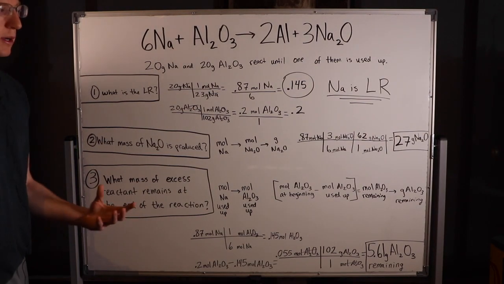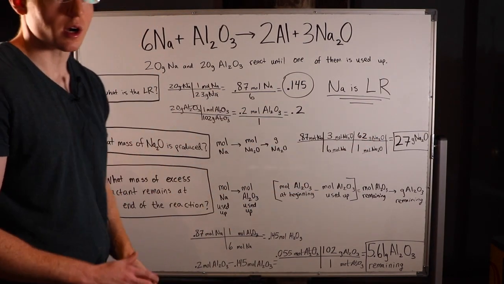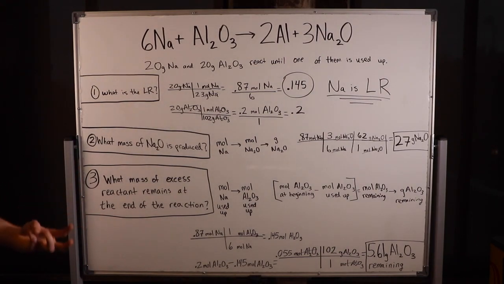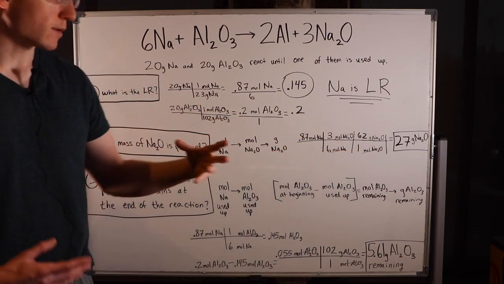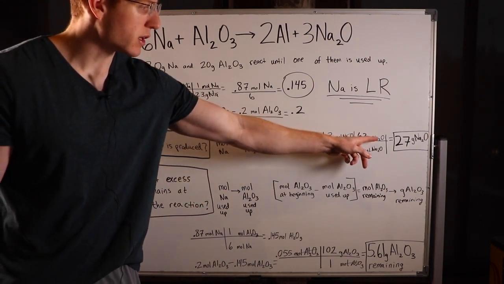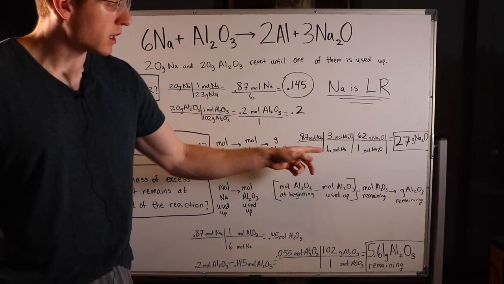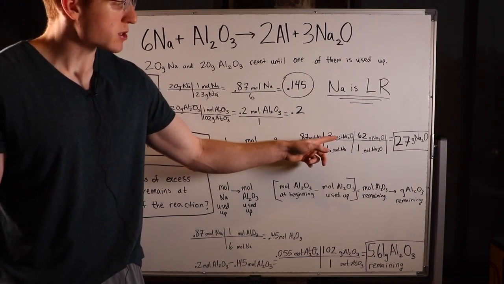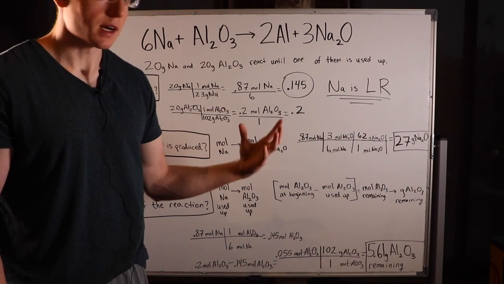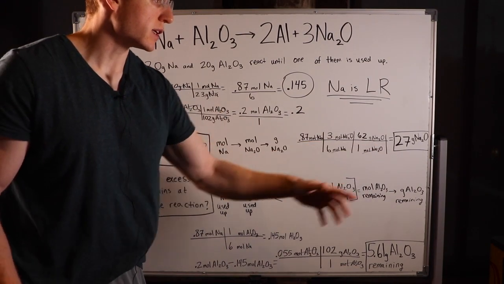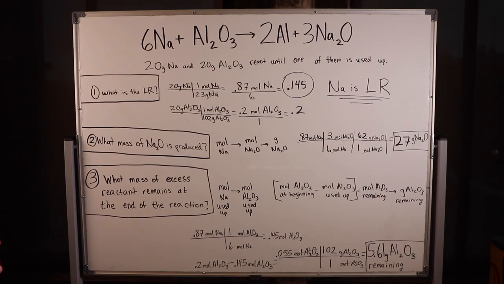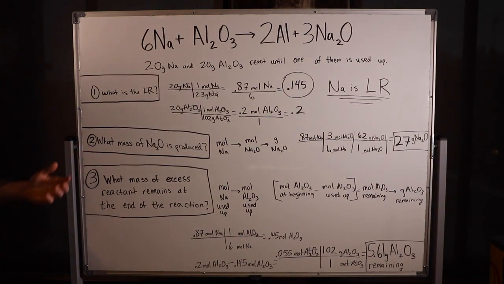We know from the periodic table, 2 sodiums plus 1 oxygen, 23 plus 23 plus 16 is 62 grams per 1 mole. Once we have our table set up, we're in the desired units and everything else canceled out. We'll do 0.87 times 3 times 62, divided by 6 times 1, and you should get 27 grams of sodium oxide produced.